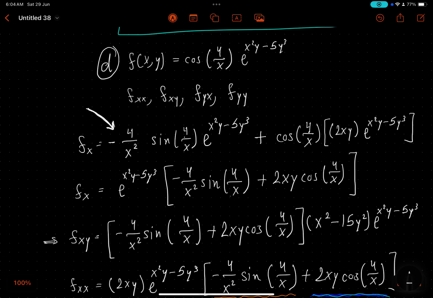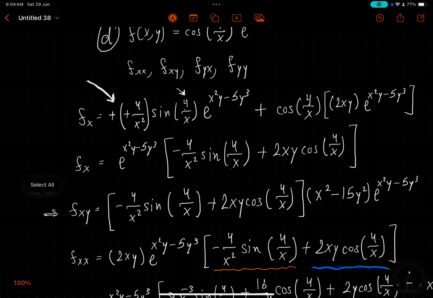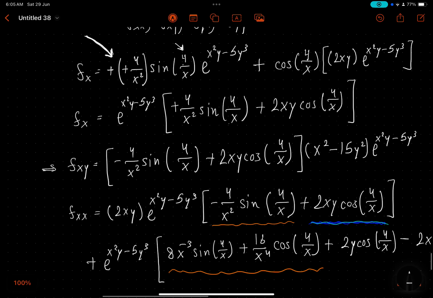And then differentiating this part inside the sine will give us also a negative sign, so it will give us negative 4 over x squared. And these two negative signs should cancel, so we get a positive sign. Now here we can just change that. So this is positive. And then here we can just change that here. So this is positive.